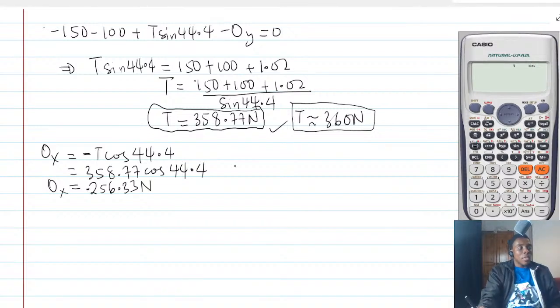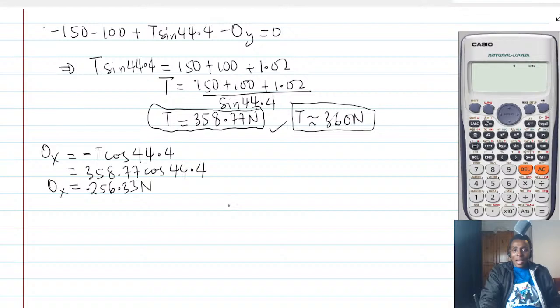Okay. All right. So now, in fact, we have been able to look at equilibrium of rigid bodies. There was a last question I wanted us to solve, maybe let's look at that one.